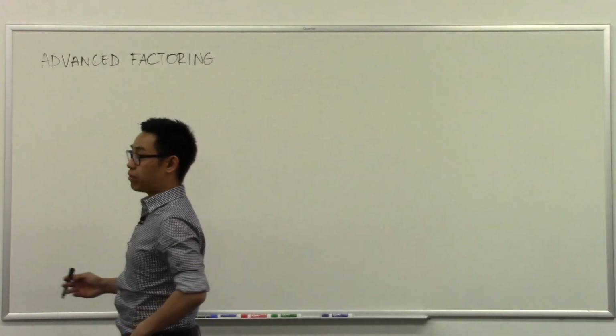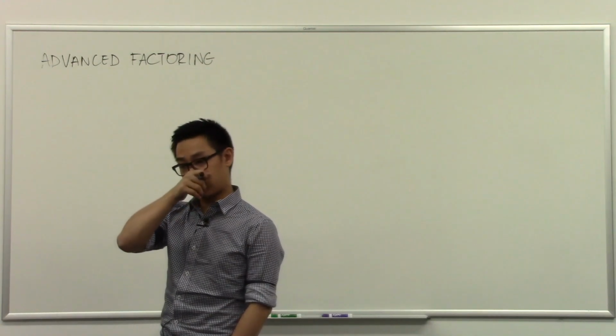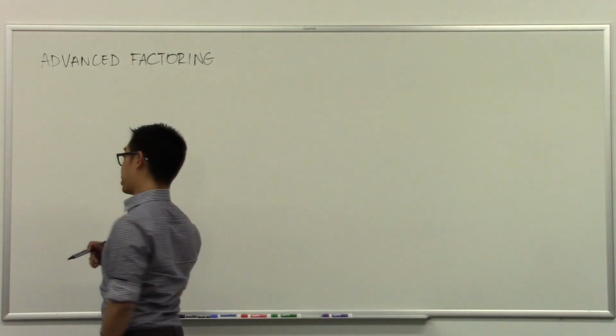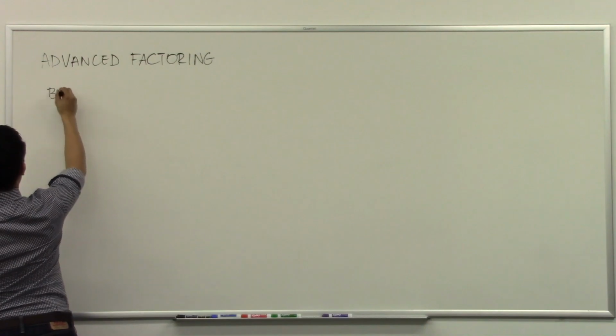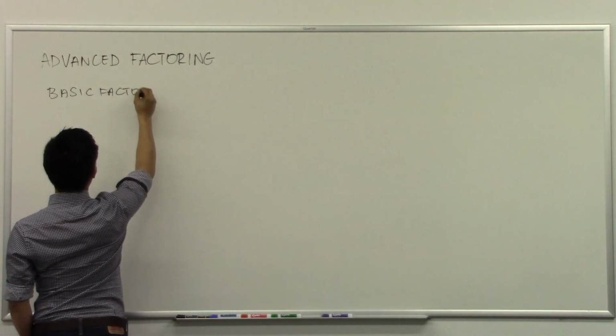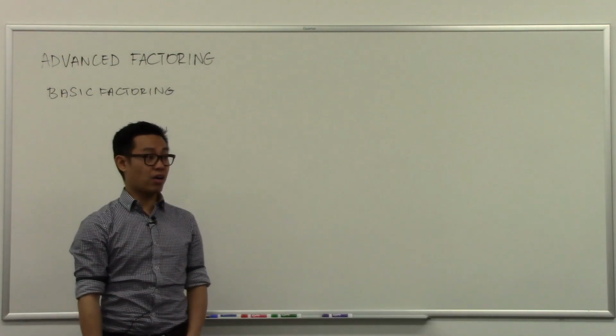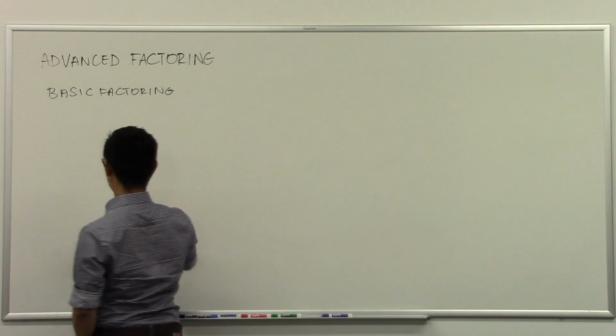Okay, so advanced factoring. Advanced factoring is building on basic factoring from grade 10. So there is partially an assumption that you are good at basic factoring. Basic factoring has 5 main types. Okay?